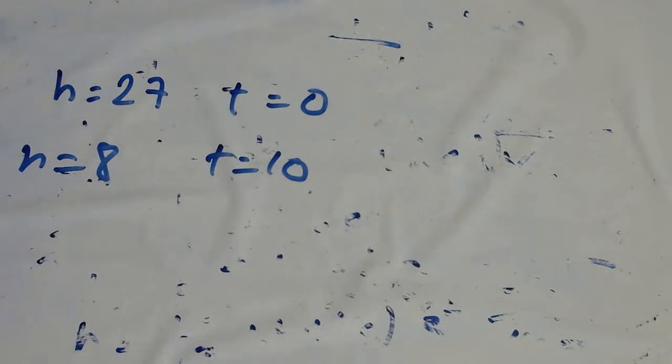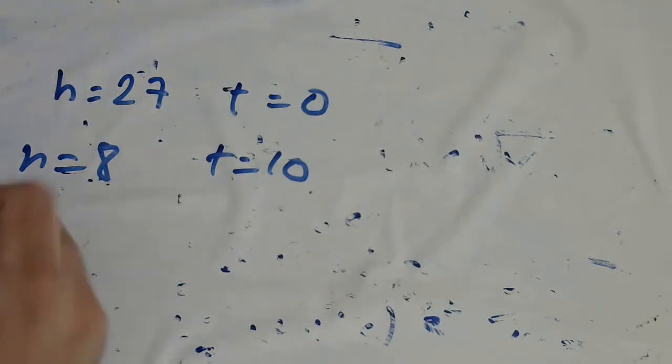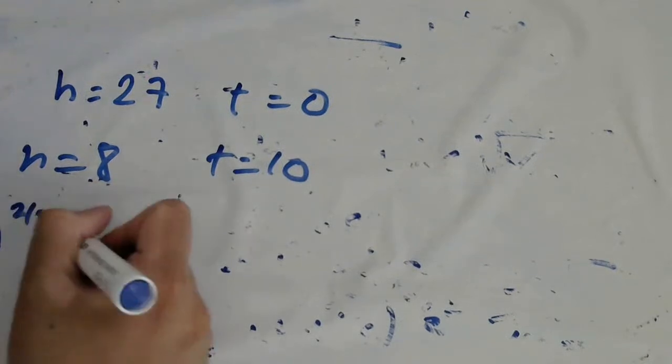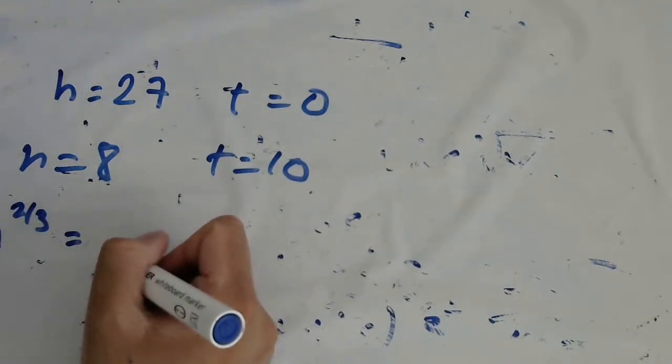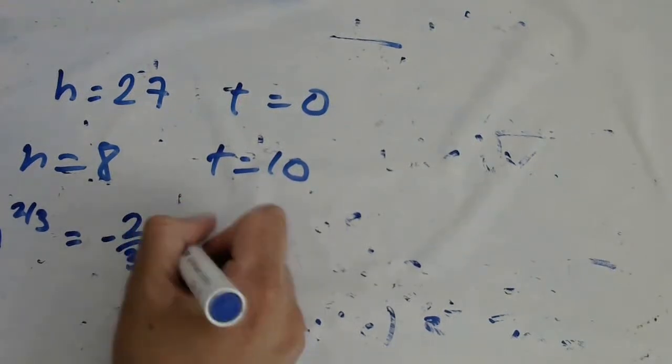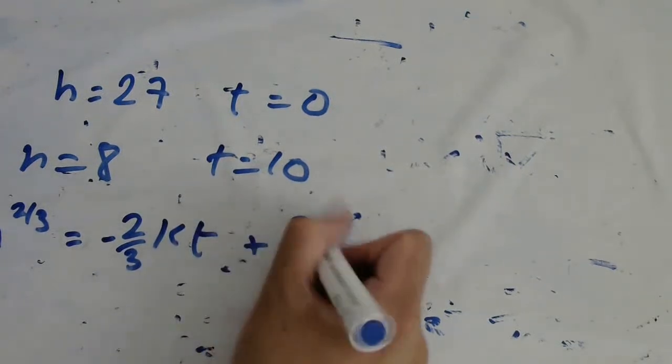You've got for part C, what can we do? Probably the easiest one to go is just best to go like this: H to the 2/3 equals minus 2/3 kt plus 2/3 c.